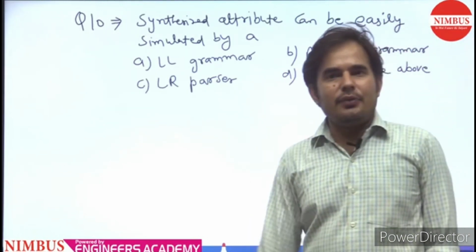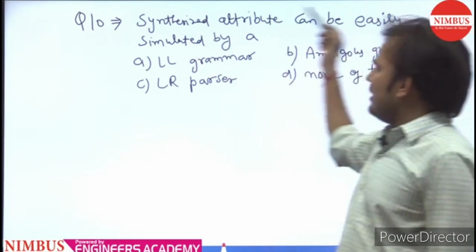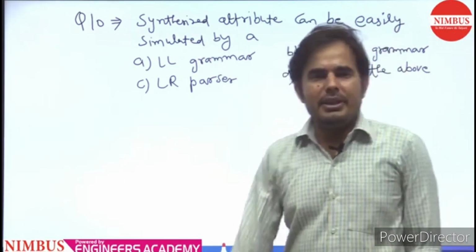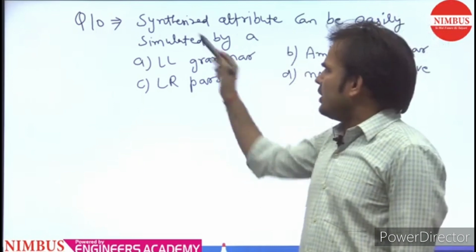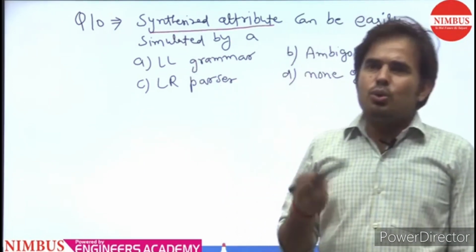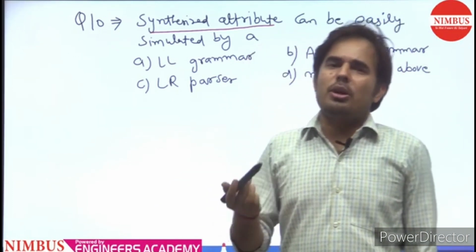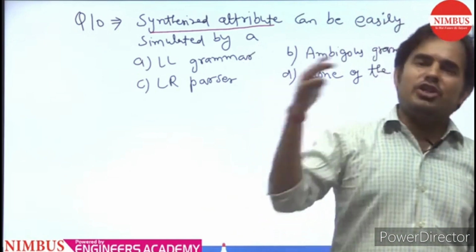Let's see what it is saying. Synthesized attribute can be easily simulated by A. So first we need to understand what a synthesized attribute is. It is an attribute whose parent value we compute or evaluate from its children.